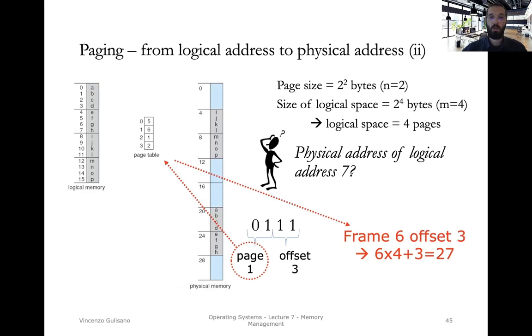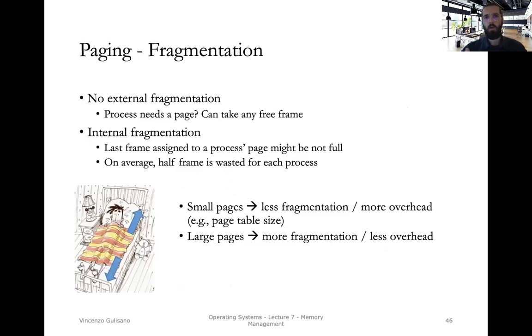Now, as always, we have trade-offs. The good thing with paging is that there is no external fragmentation. If you have n pages and you have n free frames, then it's okay. You can place each page in a frame, even if these frames are not contiguous, independently of where they are.